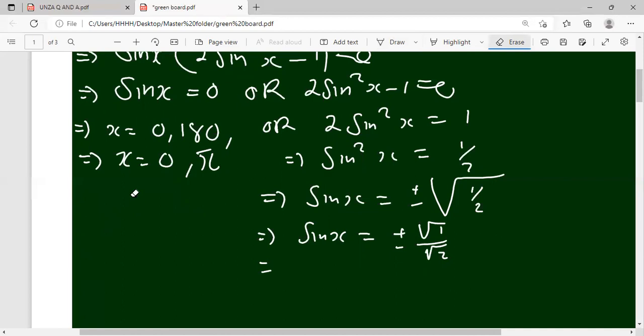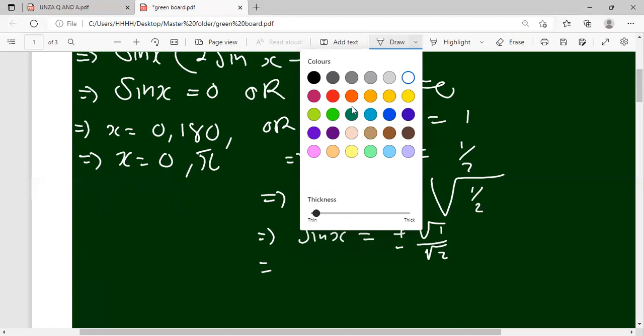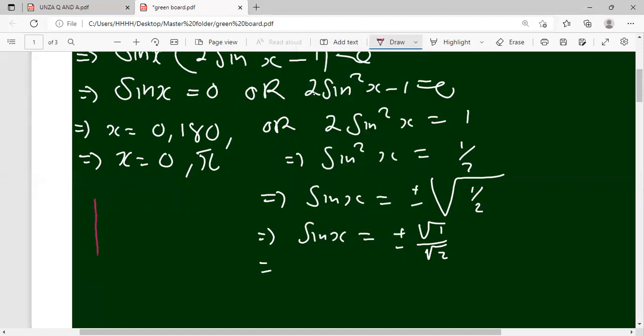In case you have forgotten, I can take you there. This is of course 90 degrees. You would say this is 45, this is 45.